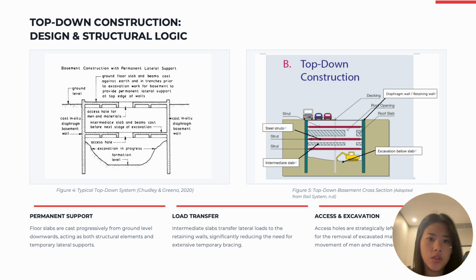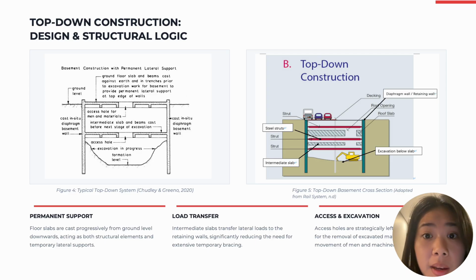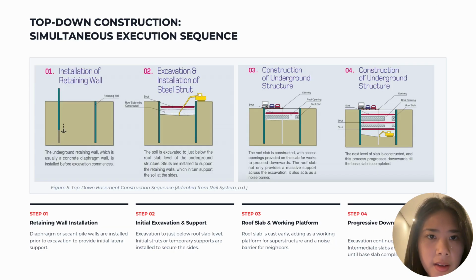These slides introduce the top-down construction. In contrast, the top-down method integrates excavation and construction. Floor slabs are constructed early and act as permanent support. This reduces the need for temporary supports and improves structural stability.